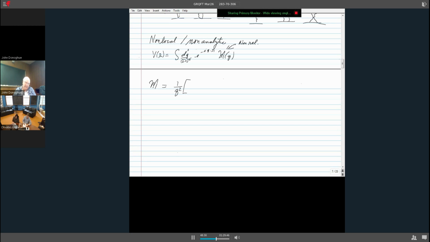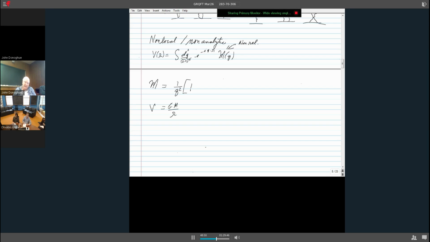So schematically, in momentum space, we have our matrix element that's going to start as 1 over q squared, the leading piece.